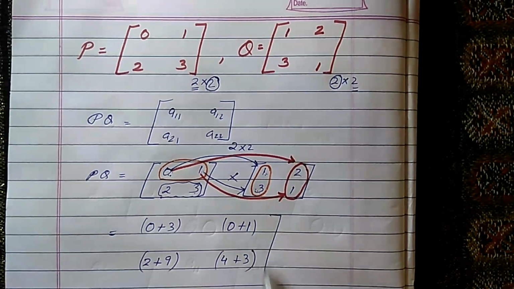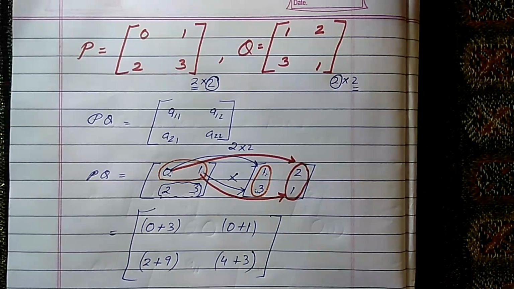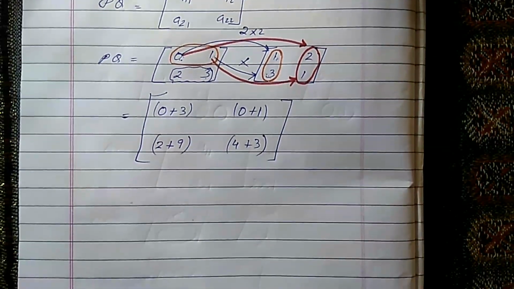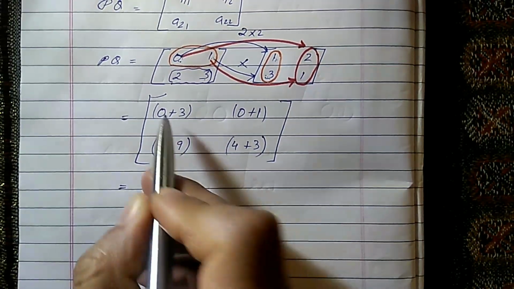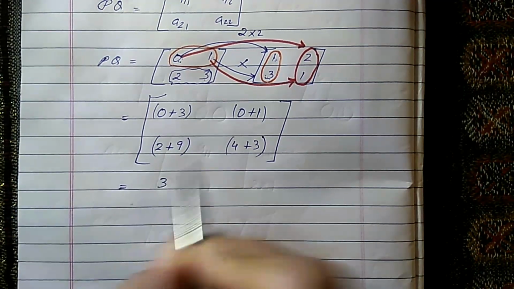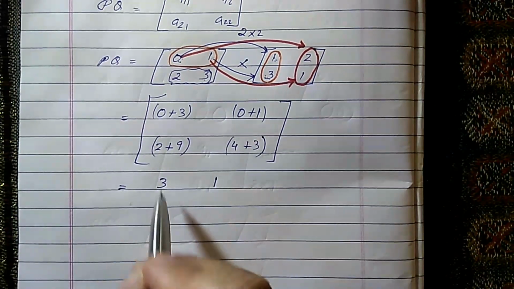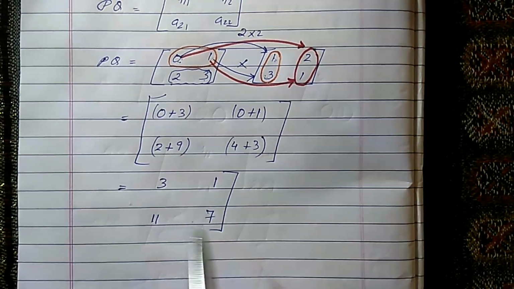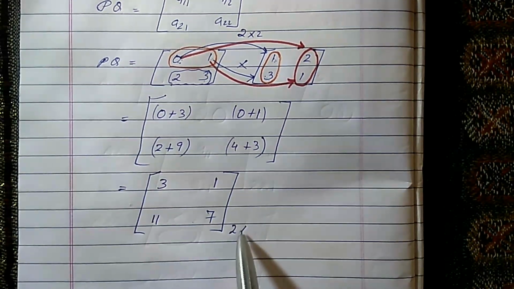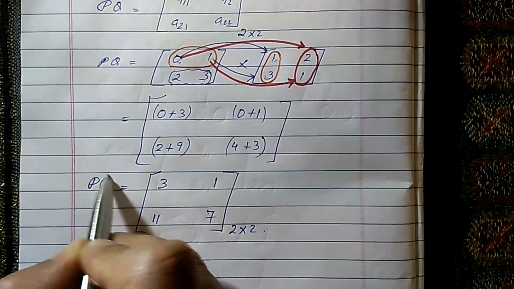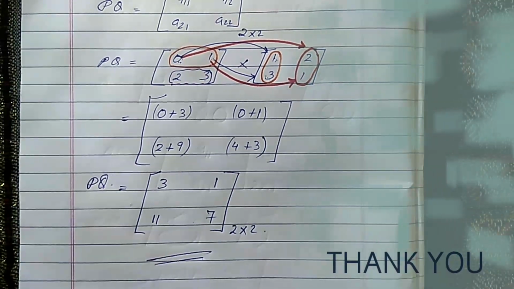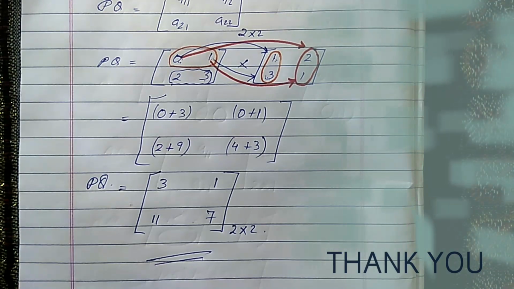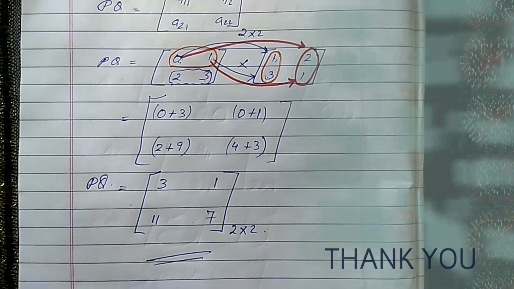So now we have got all the elements. Let's simplify and write the final matrix. So 0 plus 3 is 3, 0 plus 1 is 1, 9 plus 2 is 11, 4 plus 3 is 7. So this is our matrix, which is also a 2 by 2 matrix. I hope now this will help you understand multiplication of matrices.